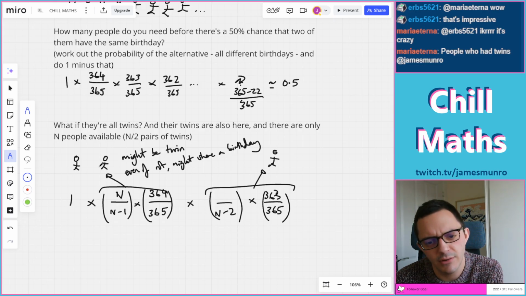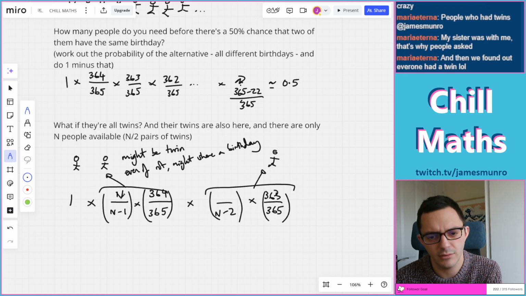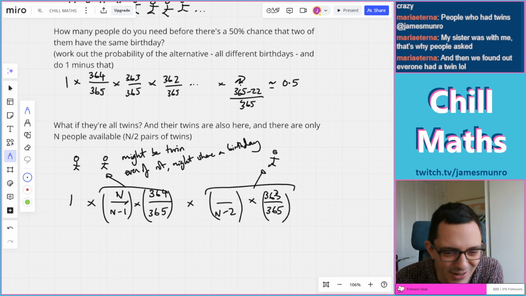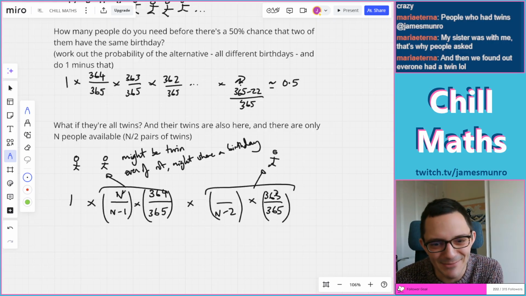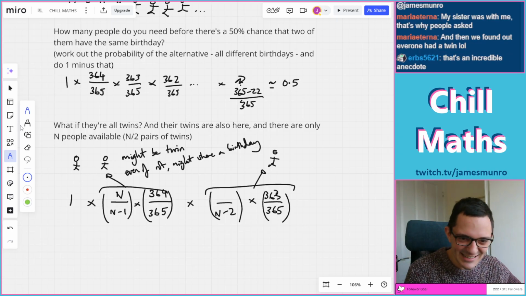Yeah, okay. So out of all of the next people who might have walked in the door now, one possible person would be like, oh my goodness, that's the twin of this person. Whereas here, this is greater than 1. I've got to fix this. Out of the n-1 people available, one of them is the twin, and n-2 of them are not.